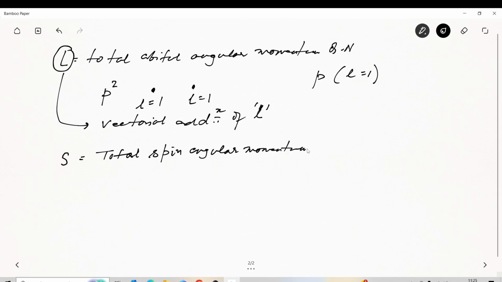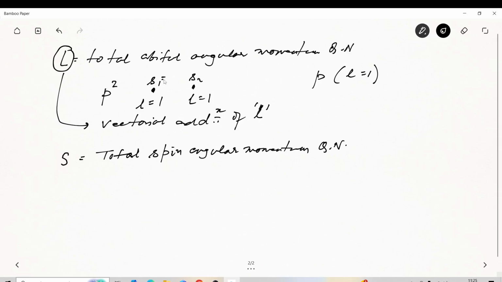Total spin angular momentum quantum number, and the total orbital angular momentum quantum number. This is the total spin angular momentum quantum number, and this is also found by vectorial addition of spin. For example, suppose for this electron it is S1 and this is S2.